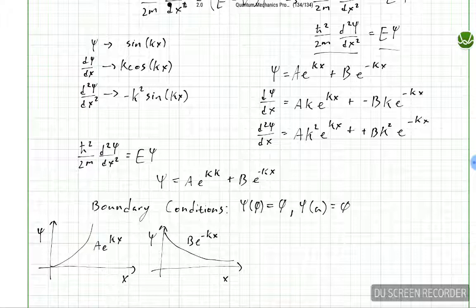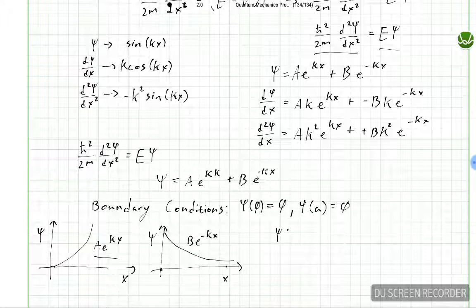Or exponential decay would probably be a better way to say that. Either way, we don't have this bending around so that it comes back to the same value. We either have an exponential increase that diverges, or we have an exponential decay, which also diverges. Just one diverges at positive infinity, the other diverges at negative infinity.